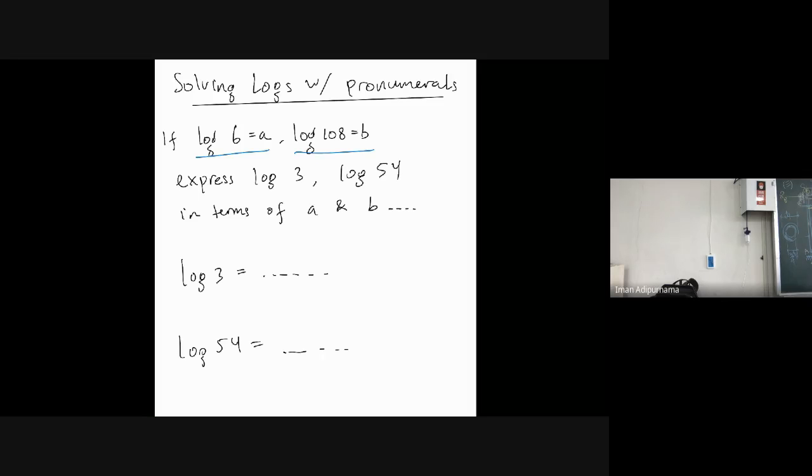You still have the log 2. You need to have another A and B here. You still have this log 2, right? You need to change the log 2 into A and B also. How about this 54 here?